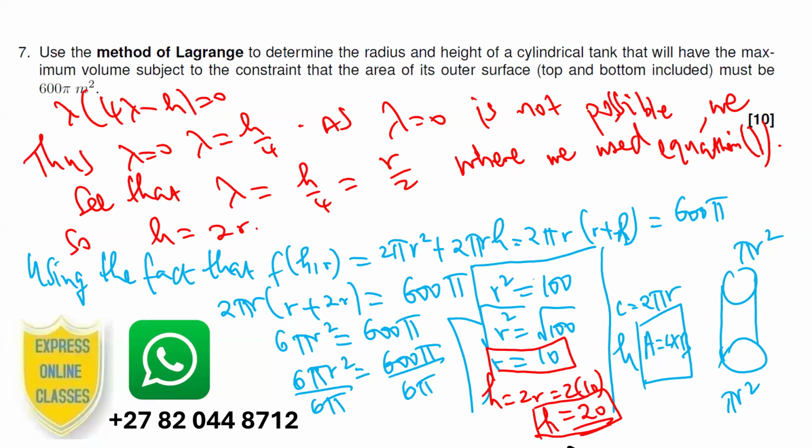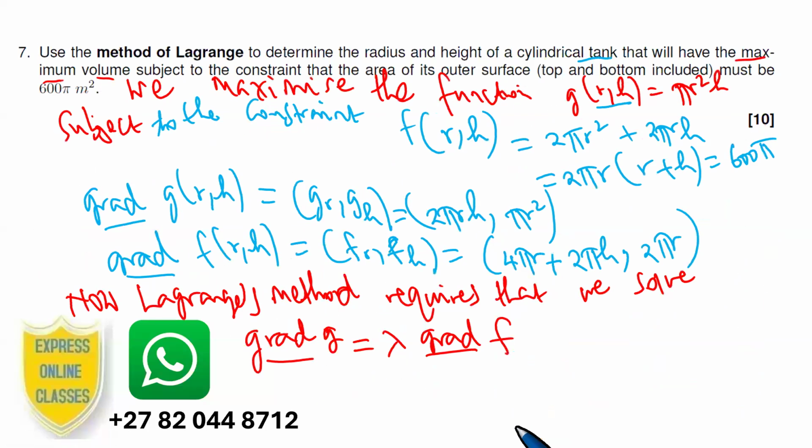And this is what the method of Lagrange entails in detail. Any question, any input, and any thought? We have taken basically 3 boards to do this. We started by converting the words into mathematical equations, and we were successful.